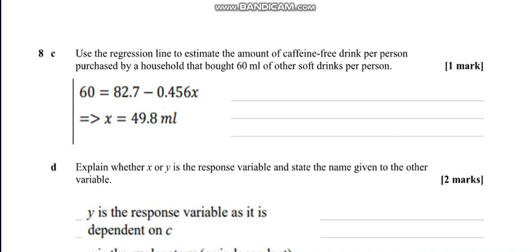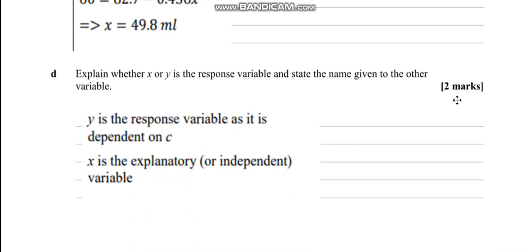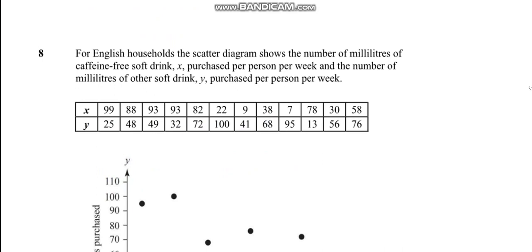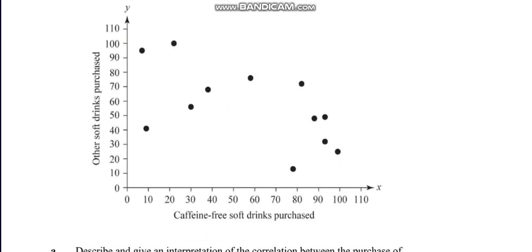And then we're asked about the response variable. So y is the response variable as it's dependent on x, and x is the explanatory variable. So if we just go back to the graph here, we are looking to see whether the sale of caffeine-free drinks affects the sale of soft drinks.